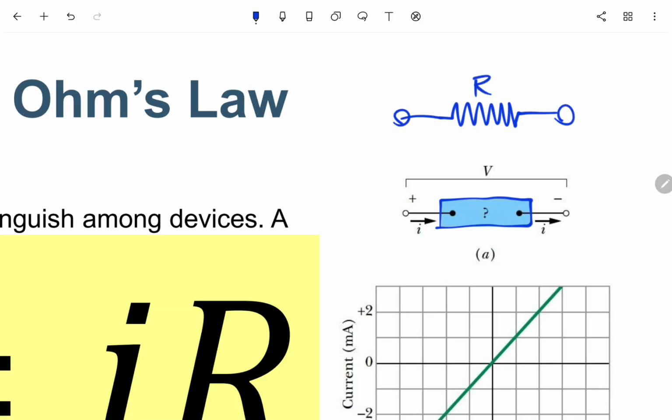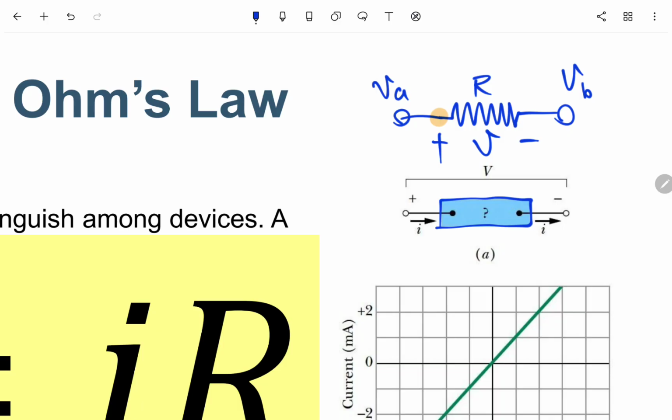One small thing you need to pay attention to is if we have some potential difference, usually we note it like this: a plus and a minus, which means the left node has a slightly higher potential than the right-hand node. Let's call this VA and this VB.